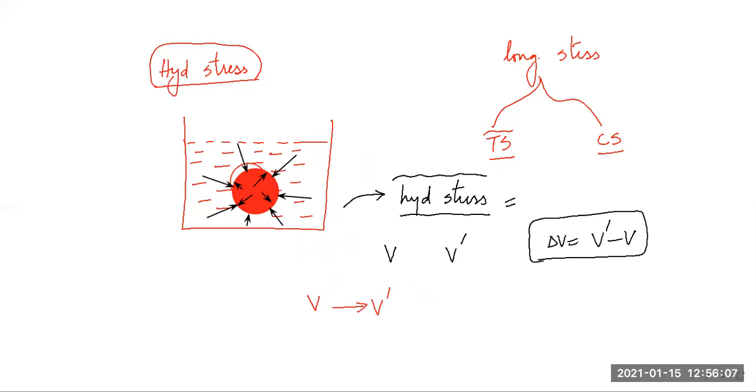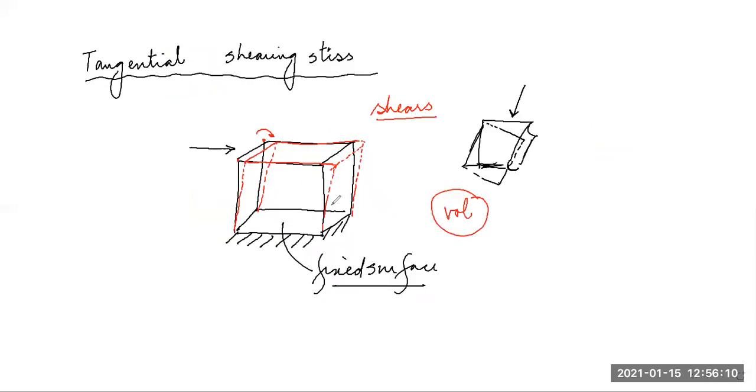But in this particular case, in tangential or shearing stress, the volume remains the same. Am I right? But the configuration of the body is changing a little bit. So now tangential or shearing stresses are induced in the body, and this tangential or shearing stress is equal to the magnitude of force applied divided by the magnitude of area of cross section.